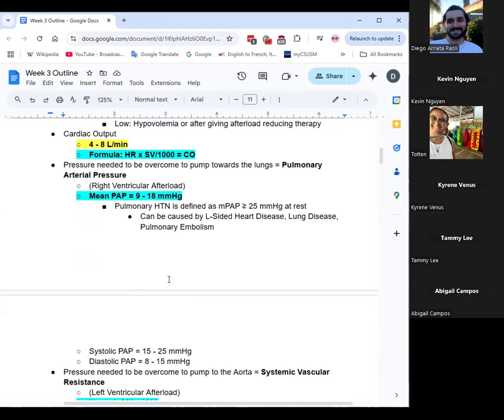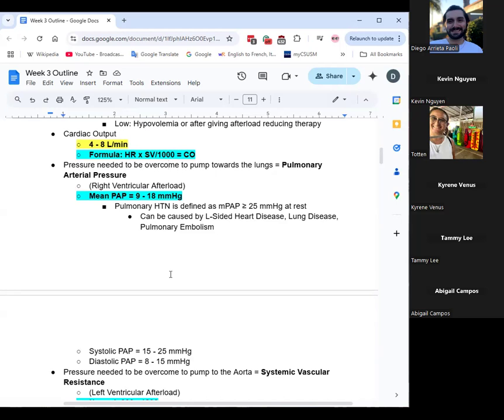You guys very lightly went over the pulmonary arterial pressure. You don't exactly need to know it. I think it's worth recognizing when it might be slightly off, but for the most part, this is just going to be the pressure that is essentially in your lungs.